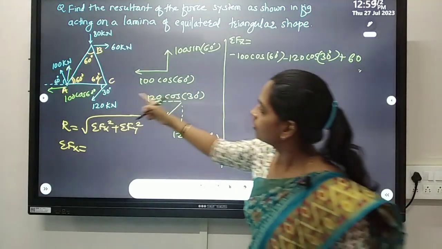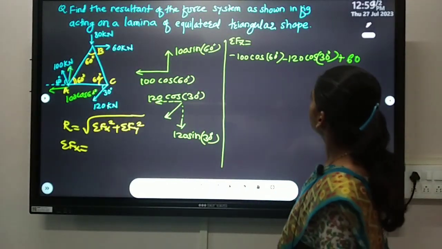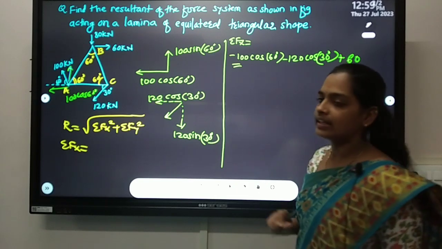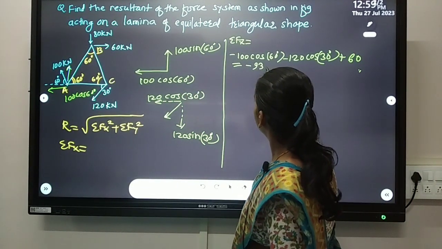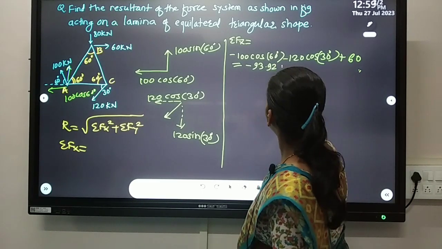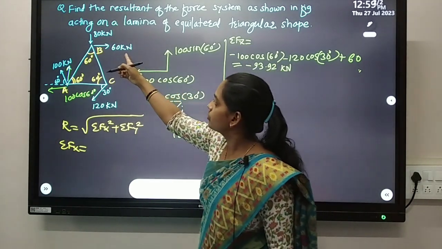Any other force? No. Is equal to, just calculate this value and tell me. Minus 93.92, it is in kilonewton because the given values are in kilonewton.